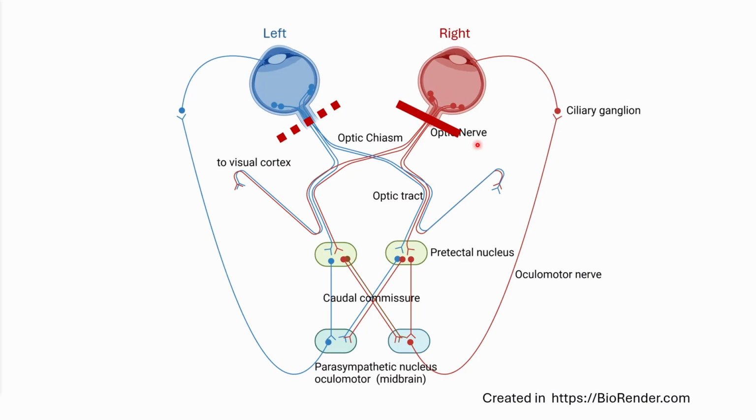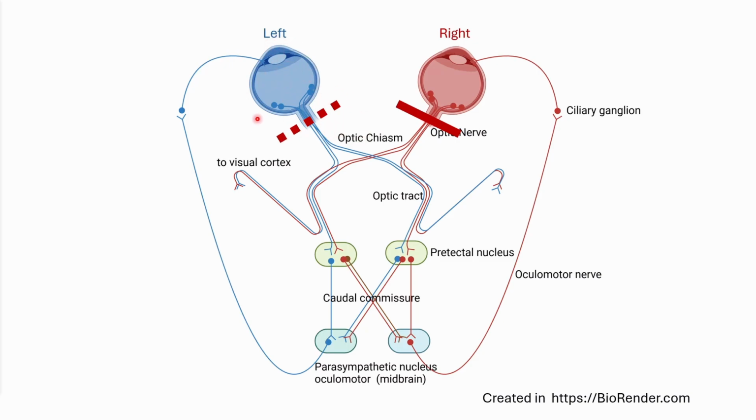So the eye was mydriatic and blind. When we did a PLR, we got absolutely nothing, no direct or consensual when we shone light in the right eye, and it was completely blind. So this puts the lesion either at the level of the retina, the optic nerve, or perhaps close to the chiasm, or an incomplete lesion of the chiasm, because there was a little tiny bit of function on the left.